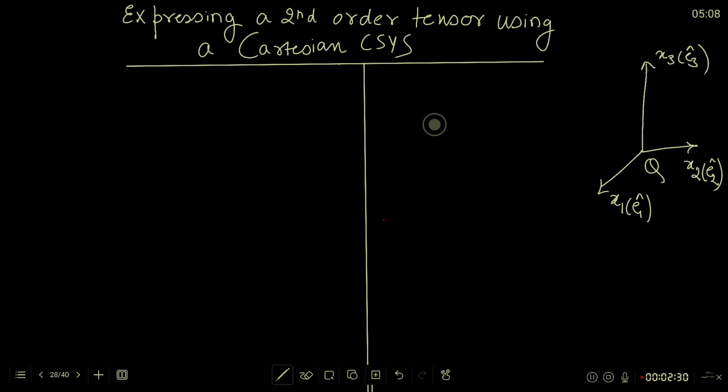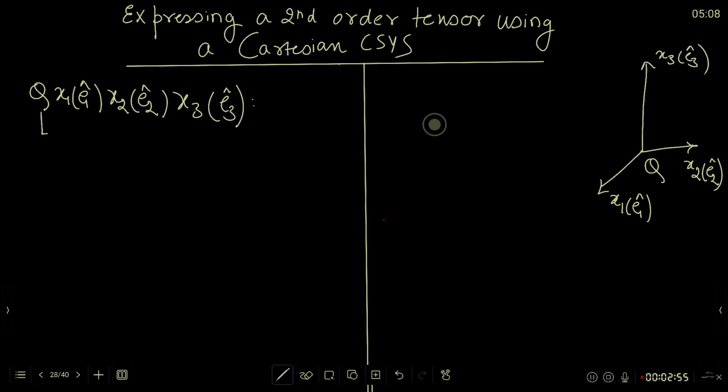If I want to write the name of this coordinate system using our notation, what will that be? It will be like this. This is the coordinate system I am referring to.